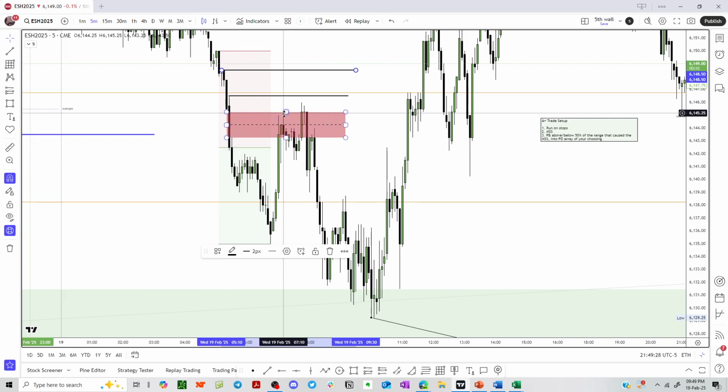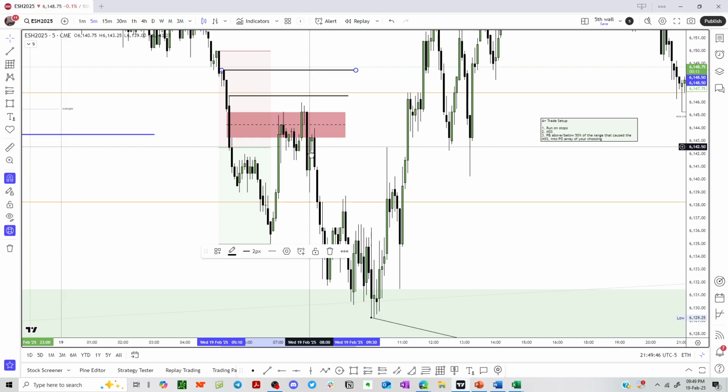That's your model right here. And you could have entered here, pulled back, kind of broke this swing low, and it ran up and ran sell side liquidity here. So run on sell side, then you got to break.